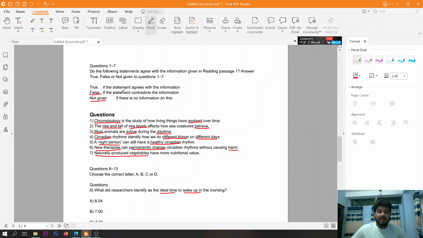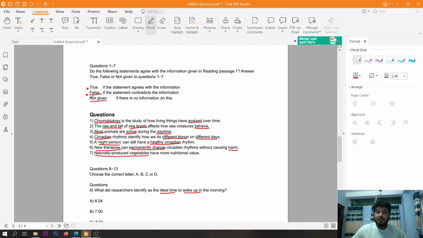Although this is the general idea that IELTS gives us, often students or candidates tend to have a bit of a problem or confusion as to whether it's false or not given. Now, what I generally like to suggest is that when you go to answer a certain question, you try to find out whether it's true or whether it's false.